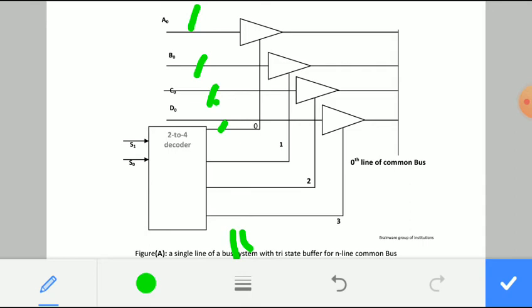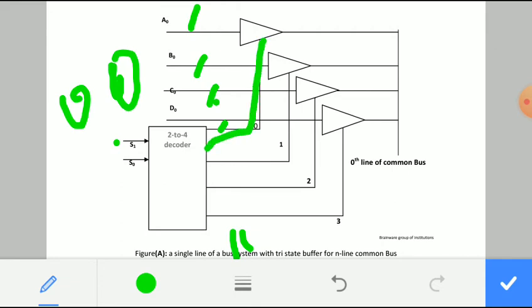All the bits of all the registers. First, when the decoder select is 0 0, this pin of the decoder will be active. Same in the lower part: there is another decoder with the same value 0 0, and then the first pin will be active.